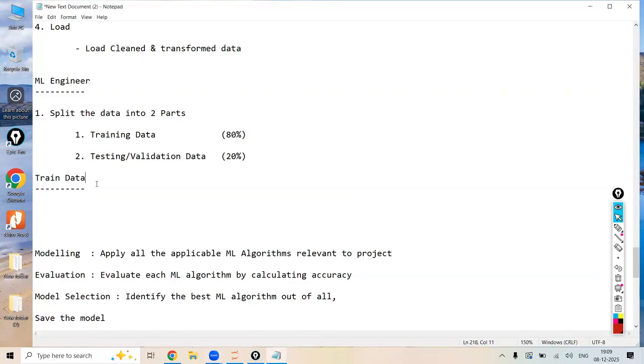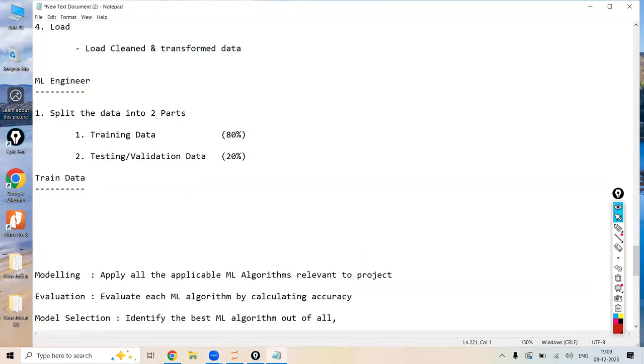Now, with the train data we are having, we are going to apply the ML algorithm on the train data. Only on the train data we have to apply the ML algorithm. Testing data we should not do.